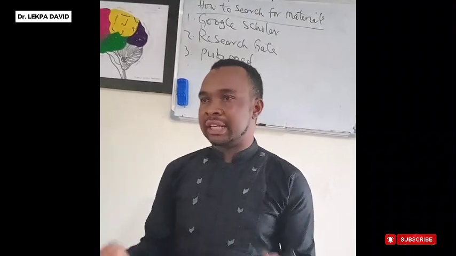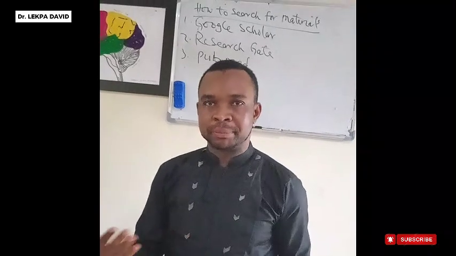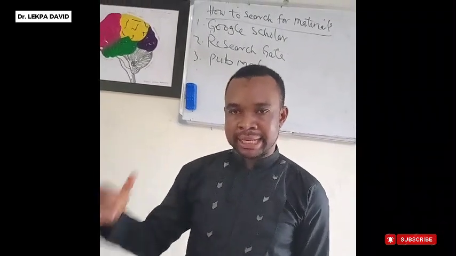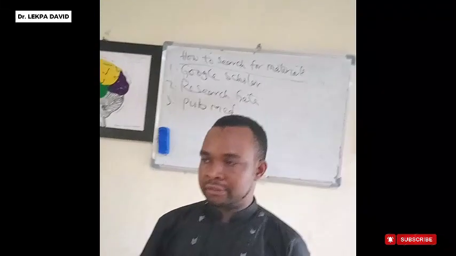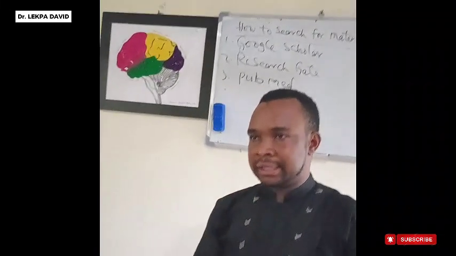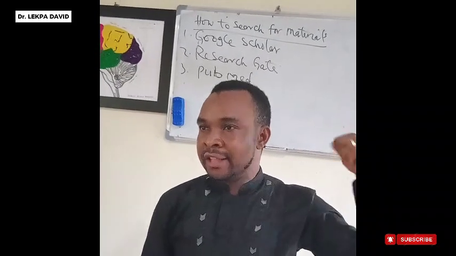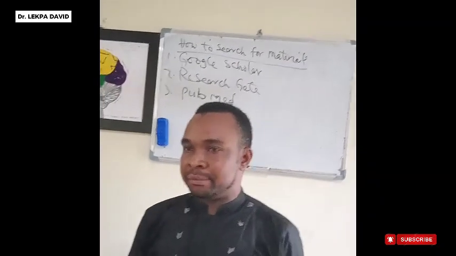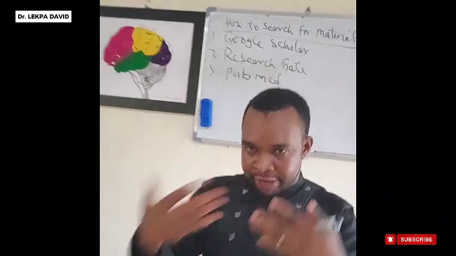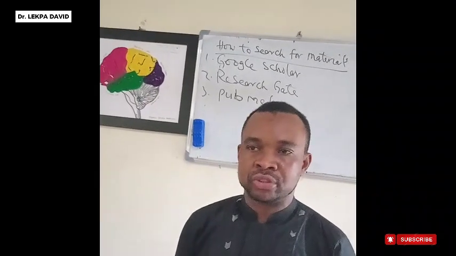If you just go on general Google or Wikipedia, don't use Wikipedia and all that to write project work. Always get your writing from a journal, okay? And remember, when you are writing, get the current thing, because if you go 10 years before, other researchers may have cancelled or found a superior argument over what you put there.